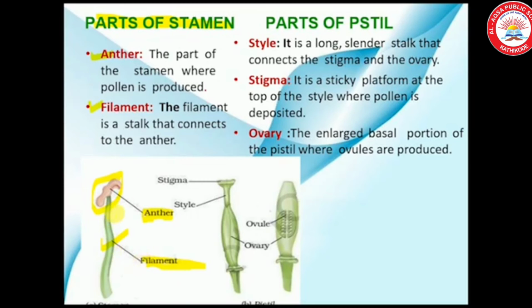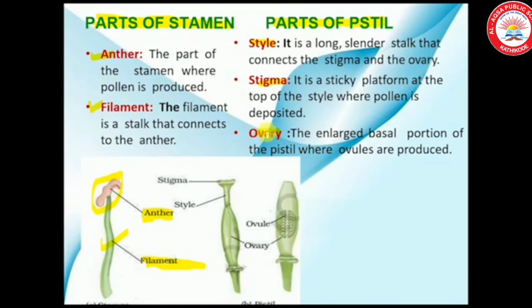Next, we can discuss female reproductive part, that is pistil. And parts of pistil are style, stigma and ovary. The first one, style. Style, it is a long, slender stalk that connects the stigma and ovary.